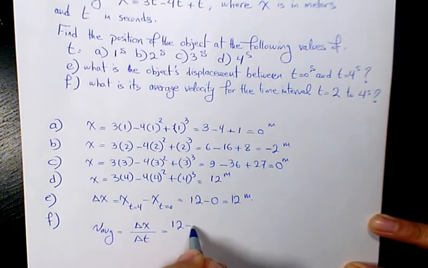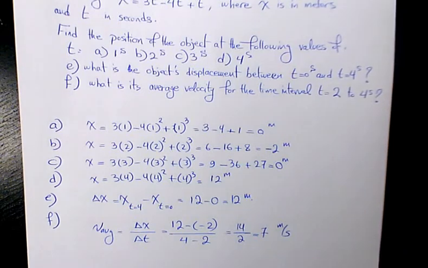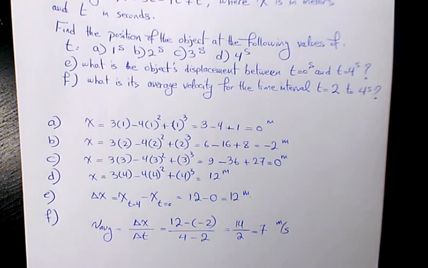So it's going to be 12 minus negative 2 divided by 4 minus 2. That's 14 divided by 2. It's going to be 7 meters per second. So that's the average velocity for the time interval of t equals 2 to 4 seconds.